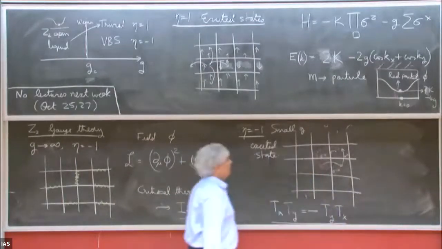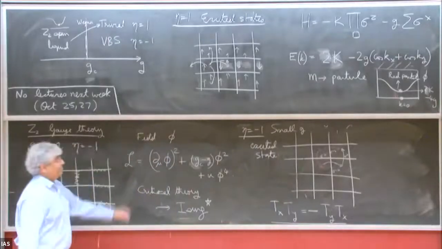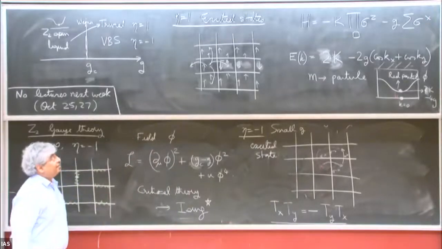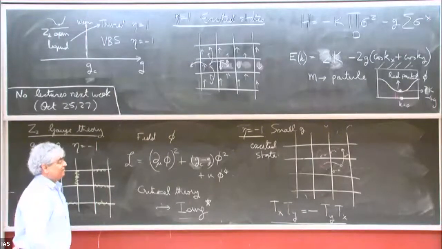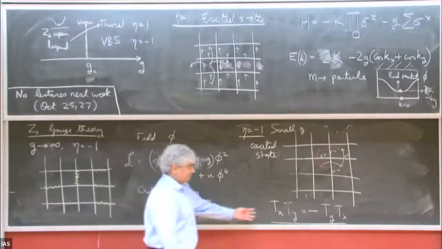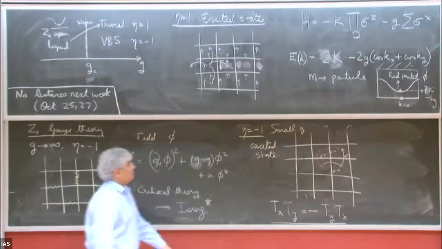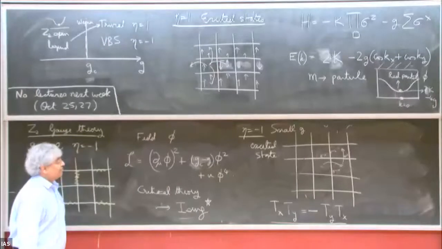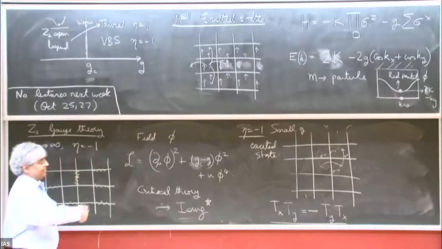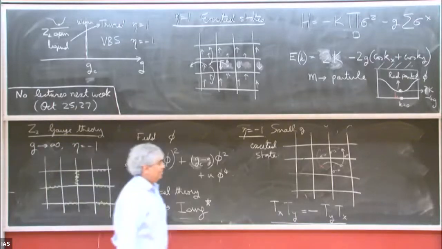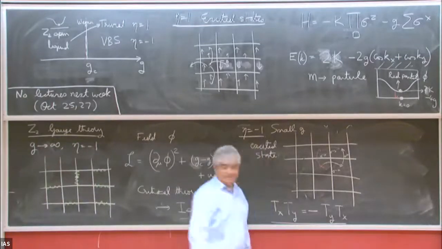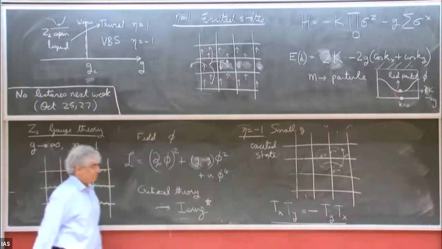Okay, so this is the key point. So now we have to play the same tricks we played for the eta equals 1 case: write down some field theory for this particle, which realizes a representation of this algebra, and take its low energy limit and find the critical properties. That's a rather complicated task, which is worked out in full detail in the notes.